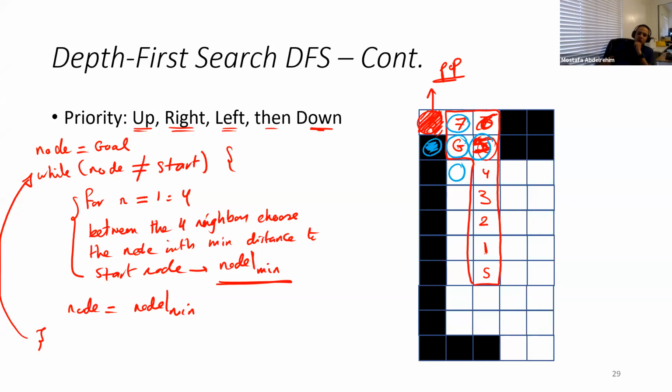This one is excluded because it's a wall. This one will also be excluded because it's not explored; it must be an explored cell. We end up with 2 other candidates, 5 and 7. Which one has minimum distance to the start? It would be 5. So from this for loop, node min will be 5. So node in the beginning is equal to goal. Now it will be equal to 5.